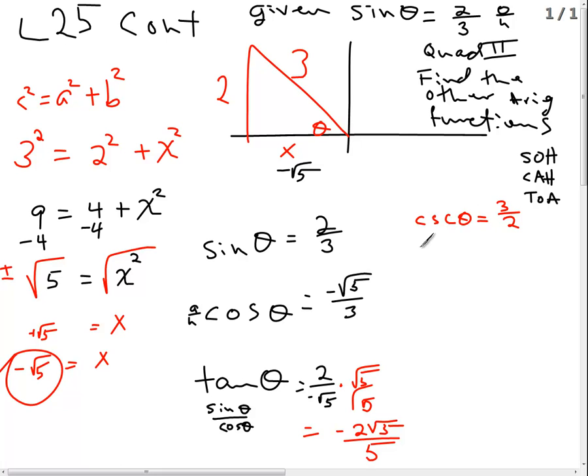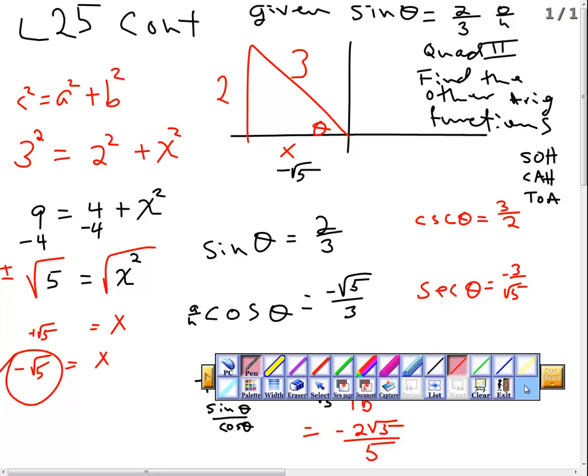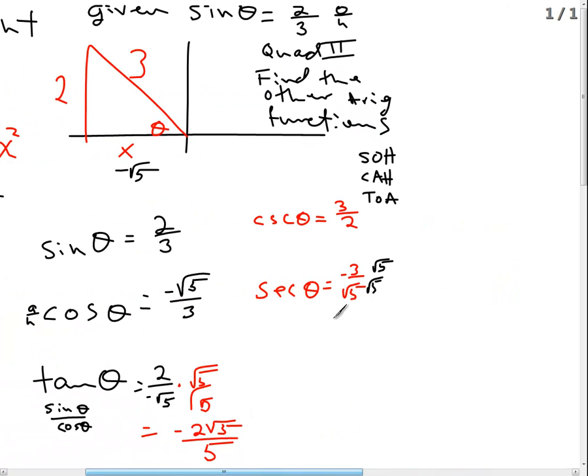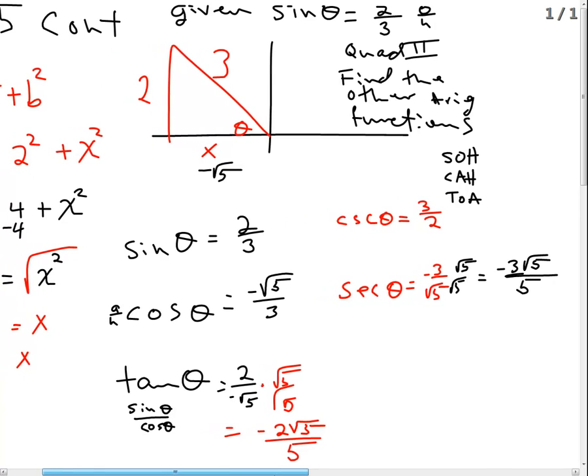If cosecant's reciprocal for sine, secant, right? Good. And so that would be negative 3 over the square root of 5, but we have to rationalize that, like you said. And so that'd be square root of 5 over the square root of 5. And so we're going to get negative 3 square root 5 over the square root of 25, which comes out to be just 5. All right, questions with that?